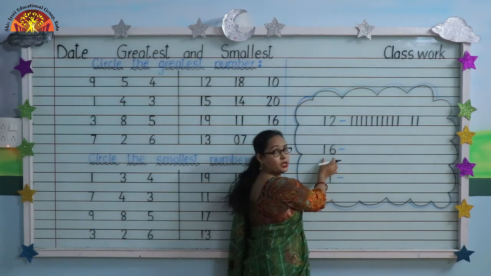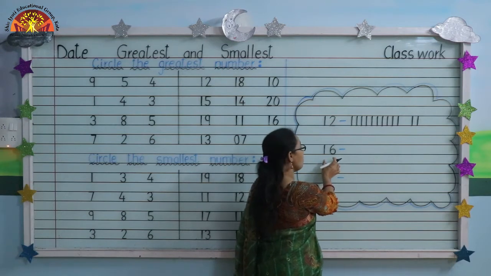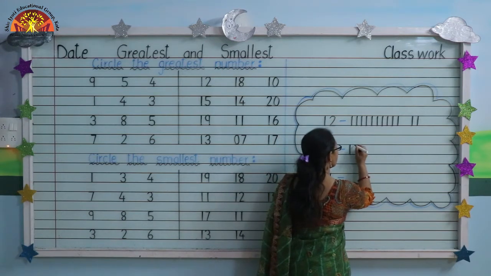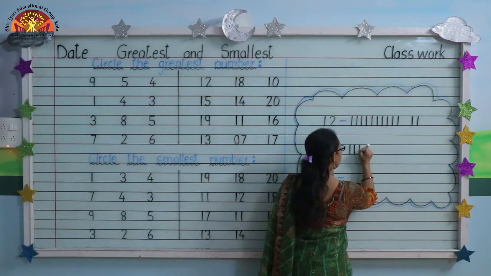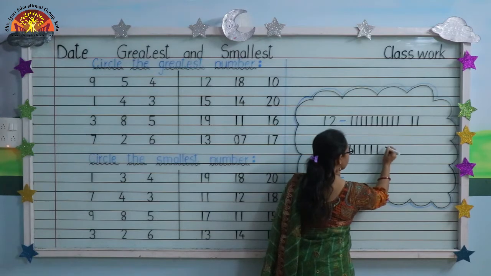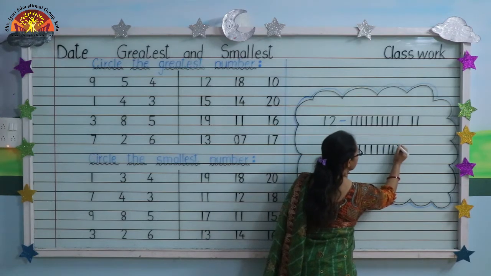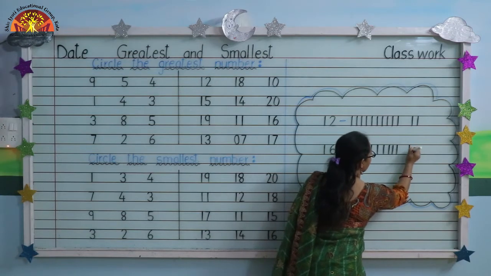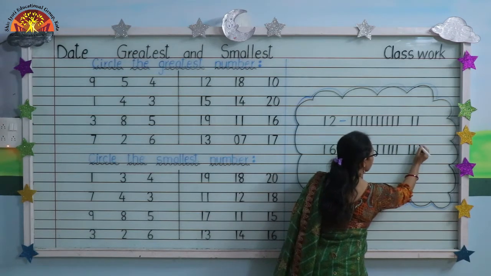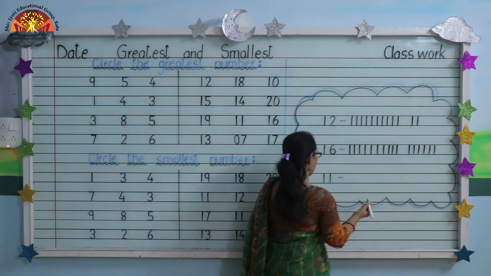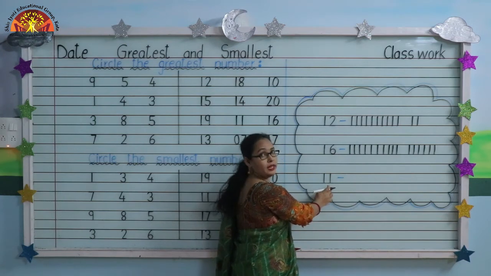The next number is 16. I will draw 16 lines: 1, 2, 3, up to 16. And then 11.